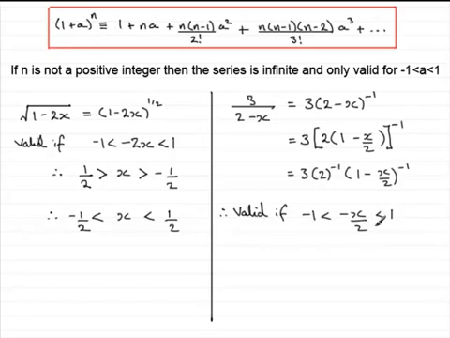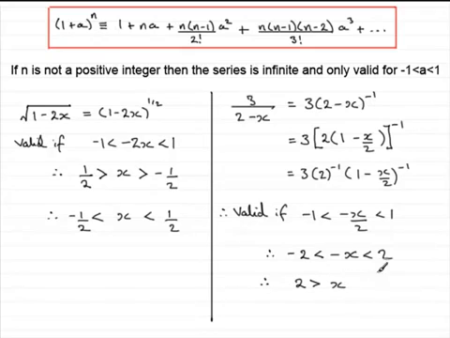To work out the range for x, we need to get rid of this 2, so we multiply throughout by 2, and we get minus 2 less than minus x, less than 2. We're multiplying by a positive number, so the inequality signs do not change. But now I need to get rid of this minus, so we multiply through by minus 1, and remember to turn the inequalities round because we're multiplying by a negative number.